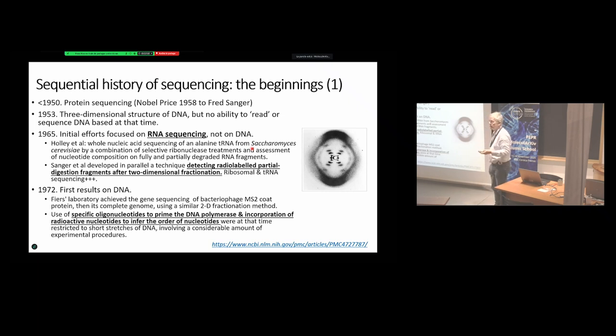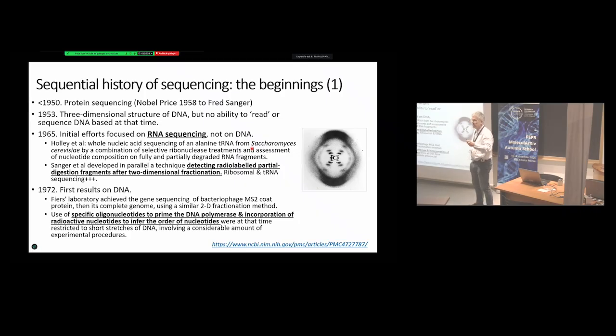What was particularly difficult was that DNA appeared as a very large and very long molecule. Even if its three-dimensional structure was resolved in 1953, the experimental capacity to read it was not available in the 1950s.